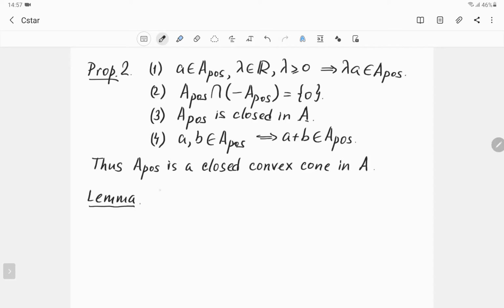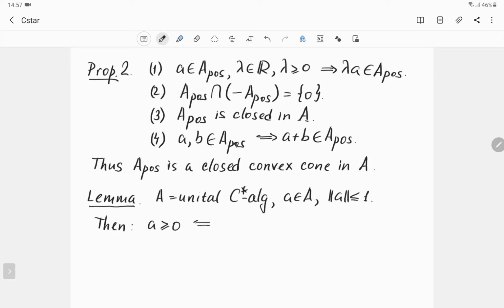Suppose that A is a unital C-star algebra. Little a is an element in our algebra such that the norm of a is less than or equal to 1. Then I claim that a is positive if and only if a is self-adjoint and the norm of 1 minus a is less than or equal to 1.